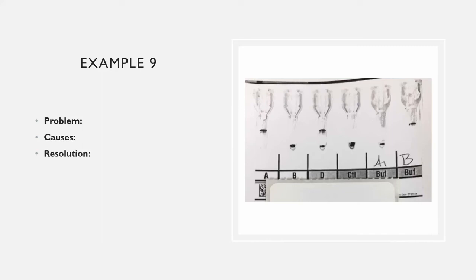So this is likely due to either they were transfused, or it depends on what this antisera is. If this is a monoclonal antisera, then it's looking at one clone.